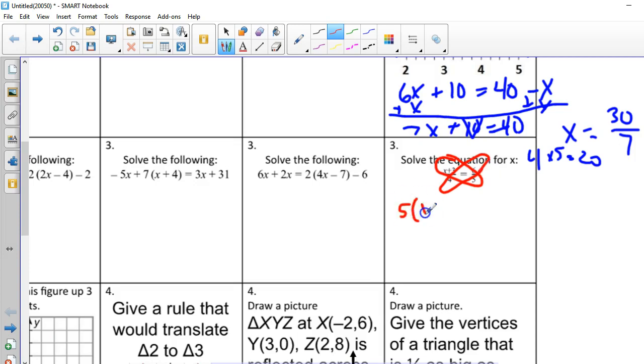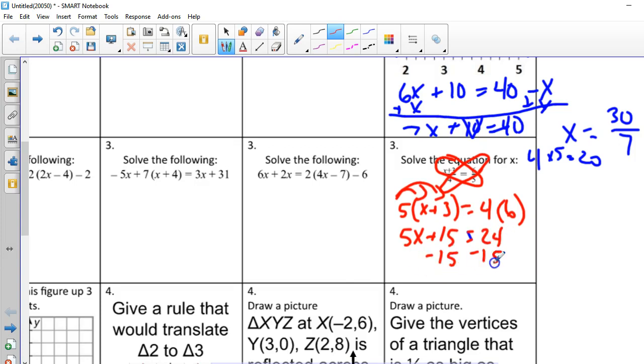So 5 times x plus 3 is equal to 4 times 6. Distribute: 5x plus 15 is equal to 24. Subtract 15 from both sides to eliminate the constant from the left, and 5x is equal to 9. Divide by the coefficient of x, and x is equal to 9/5.